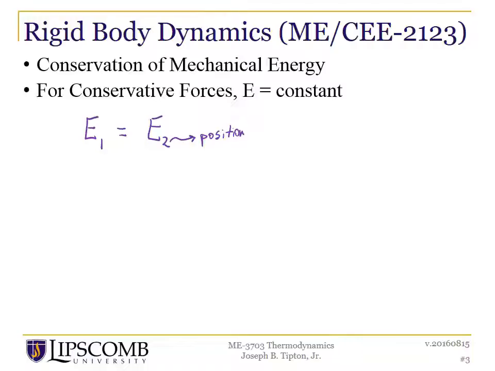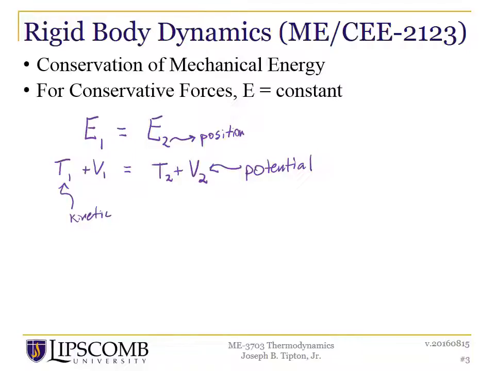And again, using the terminology from that dynamics course, we broke the energy into two components, which we called T and V. V we thought of as potential energy, and T we thought of as kinetic energy.